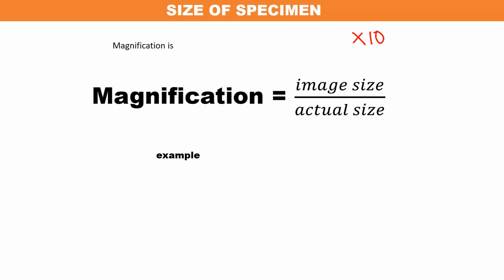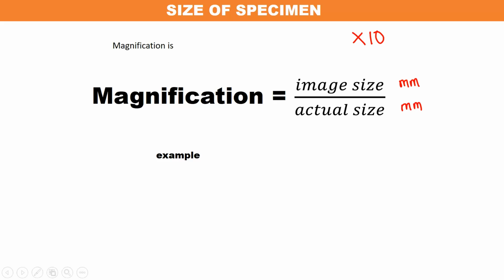Now, another thing that you need to understand, this is very important. You need to make sure that the units of the image size and the actual size are in millimeters. If you look at the units that are used mostly, you find millimeter and micrometer.